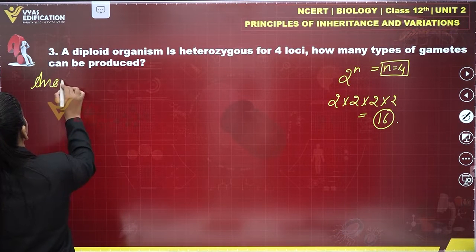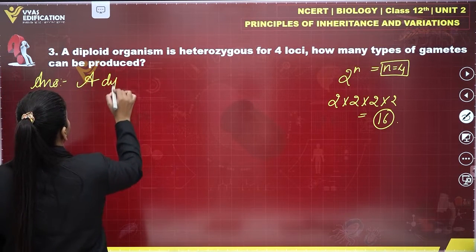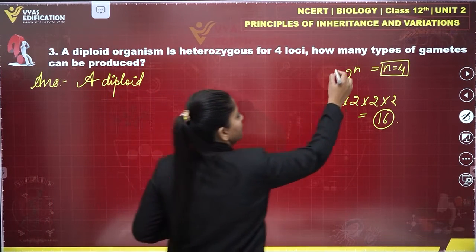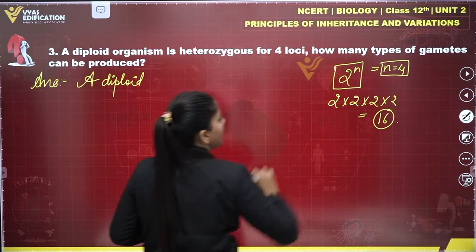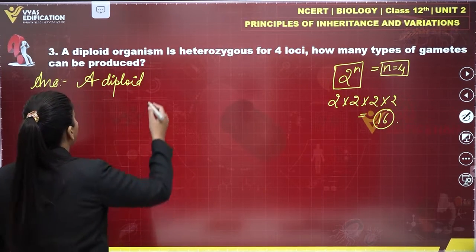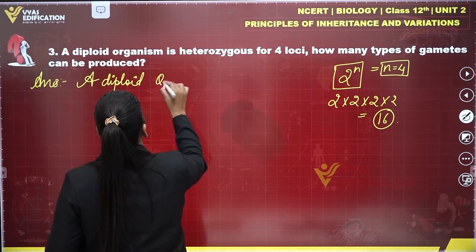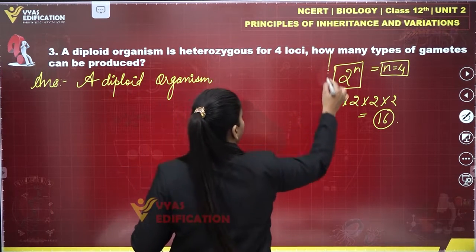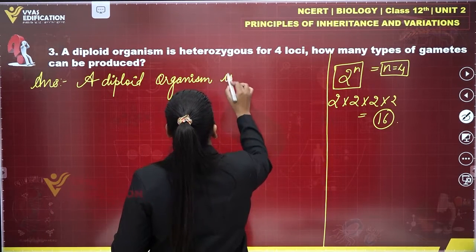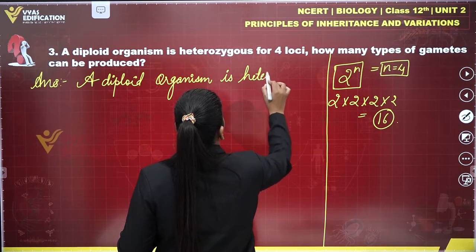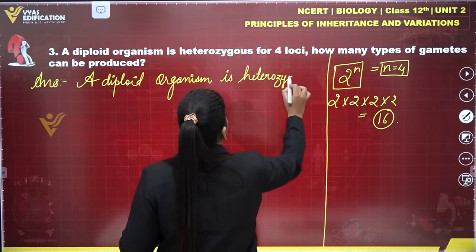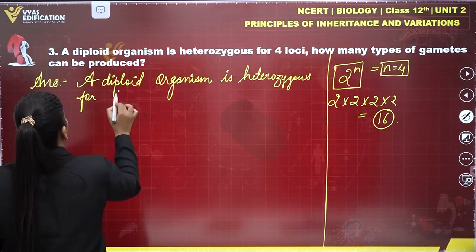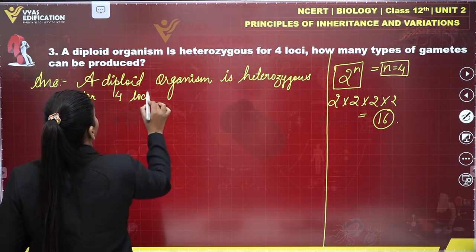So let's write the answer. A diploid organism is heterozygous for 4 loci.